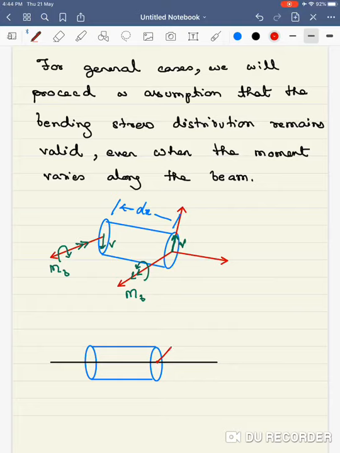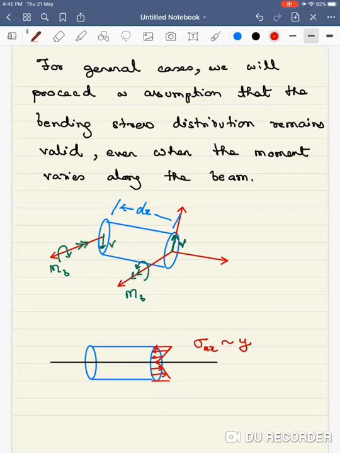I deliberately drew a circular cross section, and on this face, on the upper side, the stresses are inwards because it is in compression, and this is because my sigma xx just varies as y.